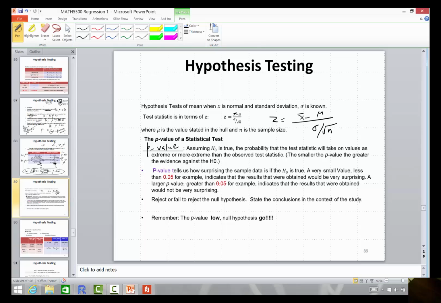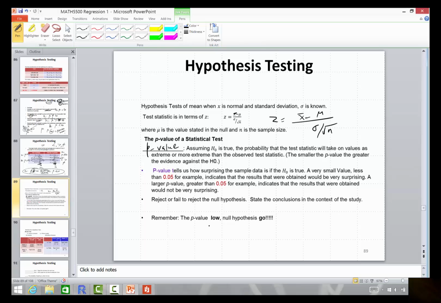So what does this really mean? I'll show you in an example.